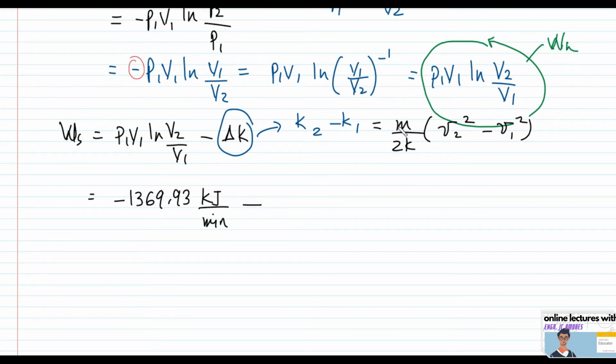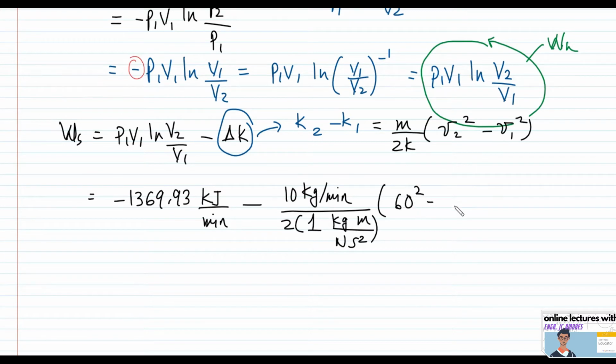We have minus m, which is 10 kilogram per minute, divided by 2, and then k would simply be 1 kilogram meter over Newton second square. The difference here is simply 60 squared minus 15 squared, in meter square per second square. So second square cancels out, meter is also cancelled out, and what we'll have here is Newton meter per minute.